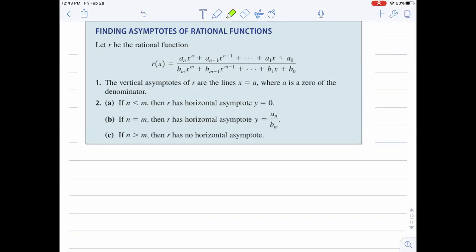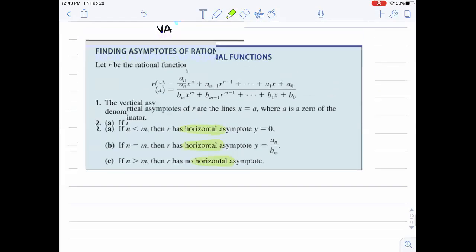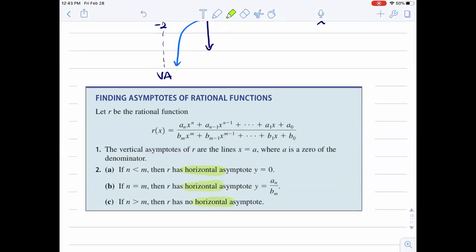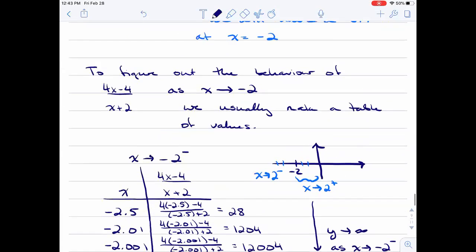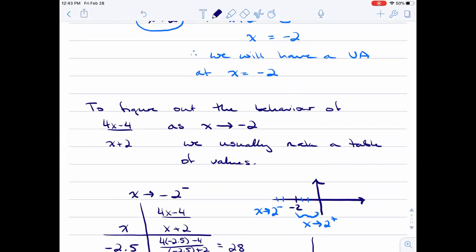So here, what I want to highlight is that these are for horizontal asymptotes. If we go back to the first one, the question that we're working on, our itty bitty little guy, 4x minus 4 over x plus 2, the degree of the top one is 1, degree of the bottom one is 1.